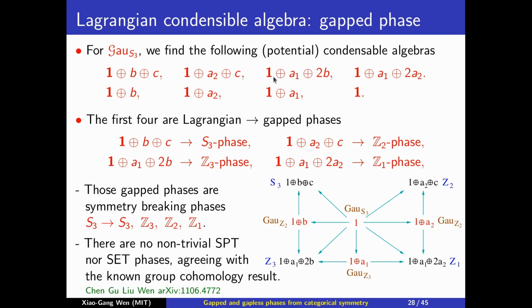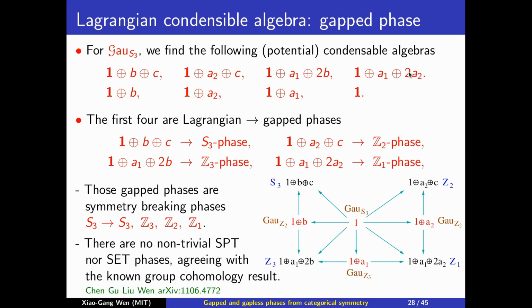And the top four are the Lagrangian condensed algebras, the bigger ones. You can see that this one, 1BC, is the flux condensation with no charge condensation. This corresponds to the symmetric state, the S3 symmetric phase, total symmetry. And this one, A1, A2, there's a 2 here. This is unusual.